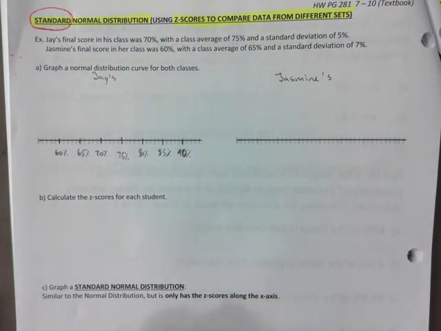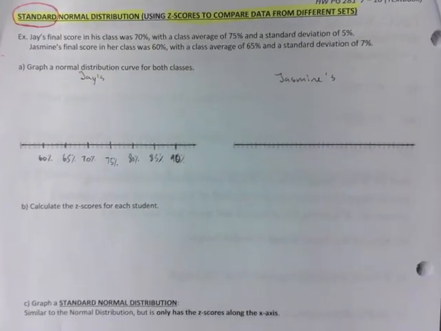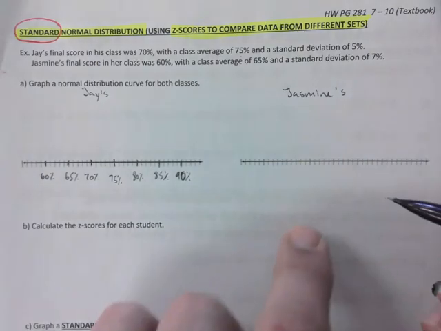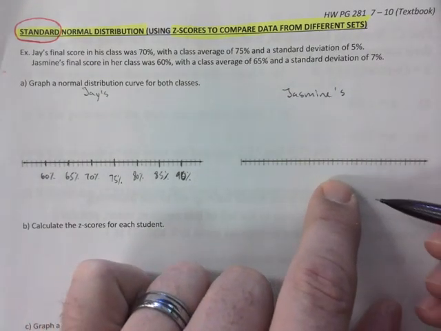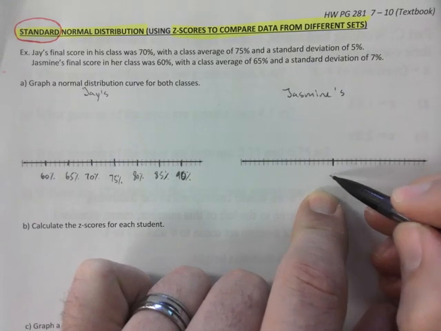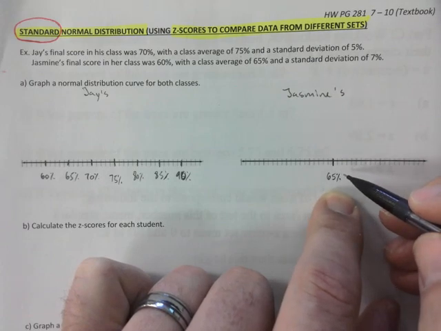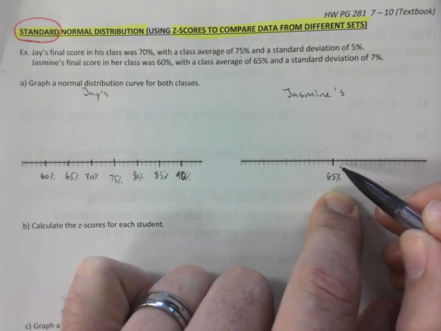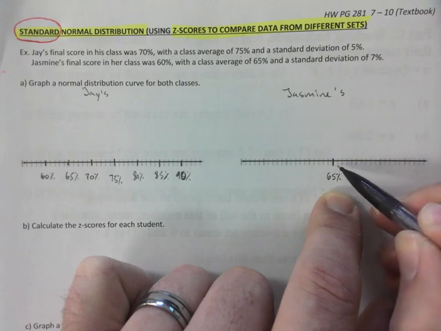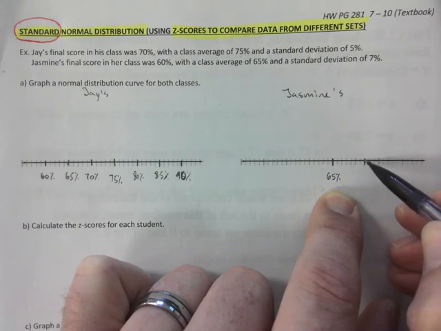And let's do the same thing for Jasmine. What's the average for her class? 65, right? So we'll try to find the middle here. It's right about there. So that'll be 65, and then we're going up by 7. Actually count 7. That's why I did it. I wanted you to see the scale. So 3, 4, 5, 6, 7.